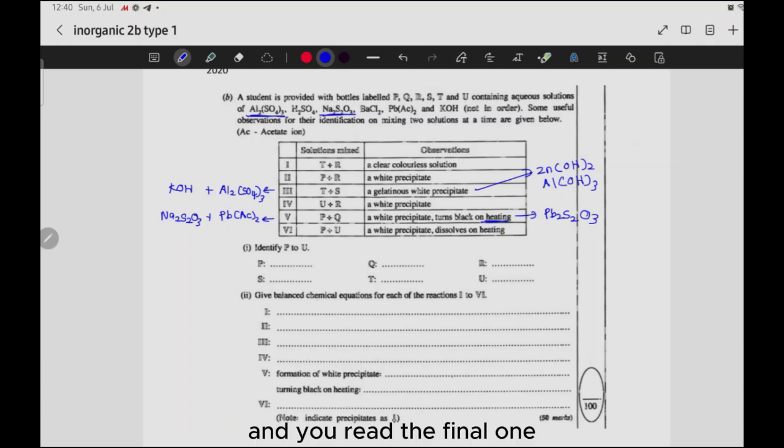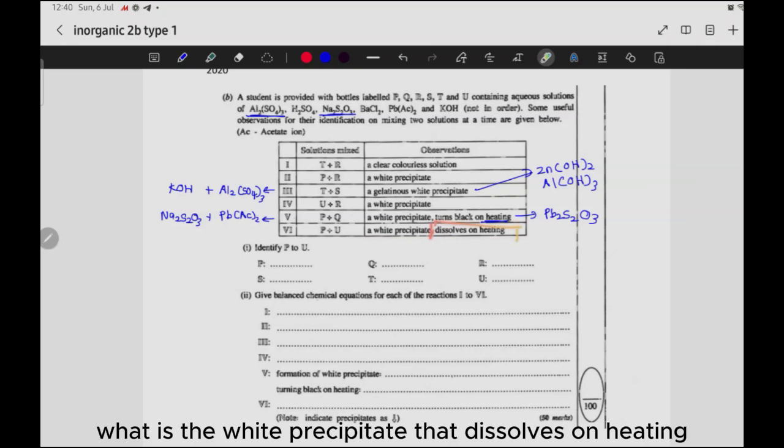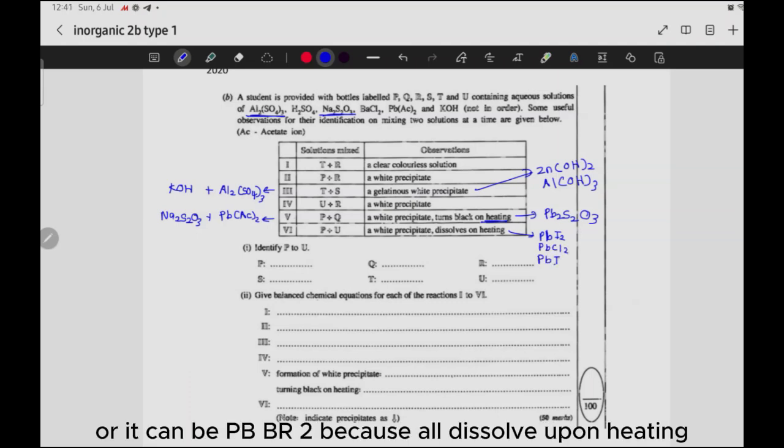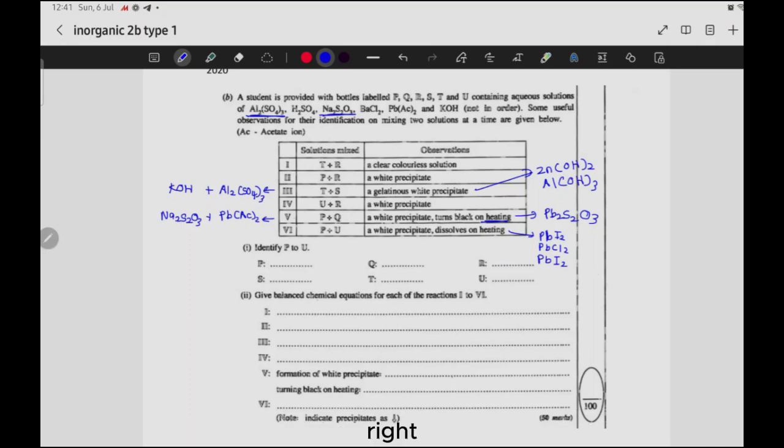And you read the final one, white precipitate dissolves on heating, right? What is the white precipitate that dissolves on heating? That is Pb, it can be PbI2, or it can be PbCl2, or it can be PbBr2, because all dissolve upon heating, right?